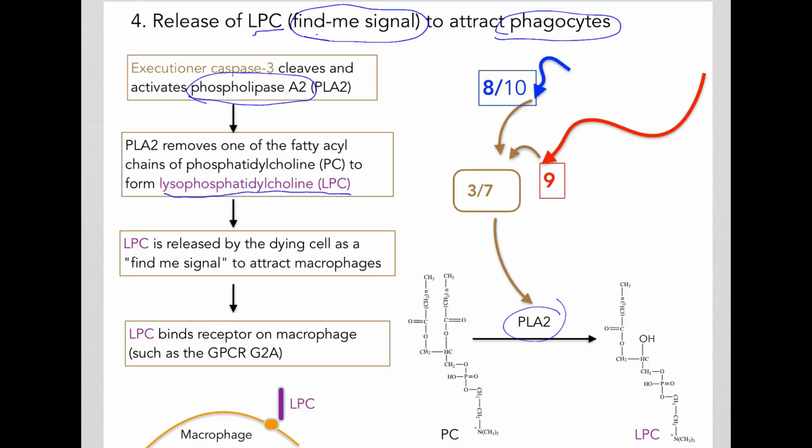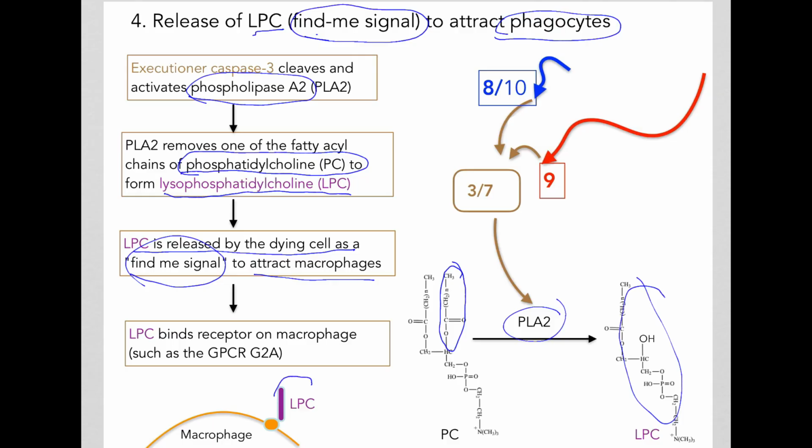And what PLA2 does is remove one of the fatty acids from phosphatidylcholine. As you know, this is one of the amphiphilic lipids found in cell membranes. That forms LPC. And this LPC is released by the dying cell. LPC is a find-me signal. It helps attract the macrophages.